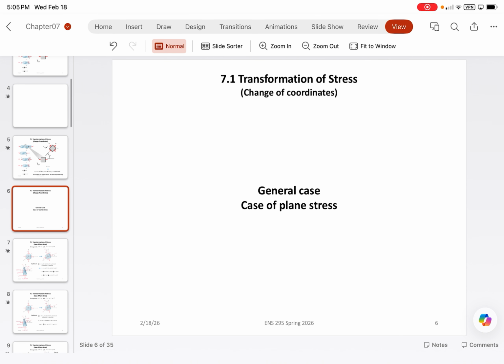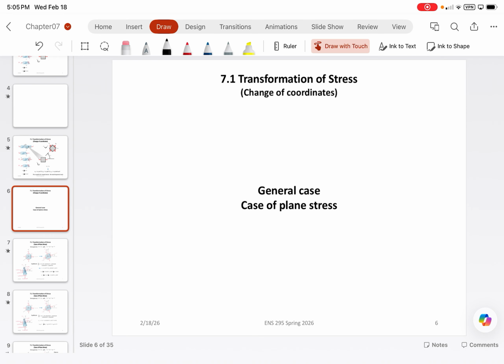So this is where we get into our discussion with the general plane stress. Now, when I talk about plane stress, I'm talking about we're on a 2D plane.